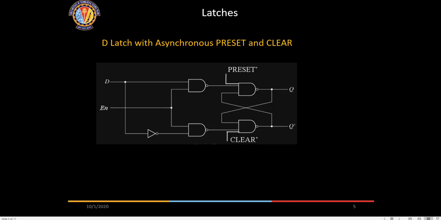Is this line for labeling or is it an input? These are the inputs. They will be outside the chip. These 4 inputs and 2 outputs will be there. So when preset and clear are there, is there no use for D and enable? No, they will be required.